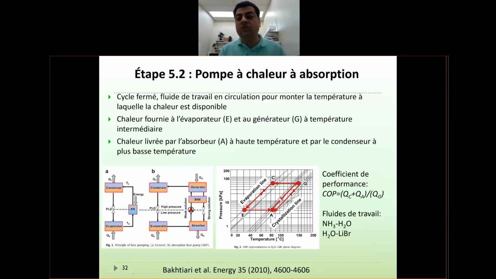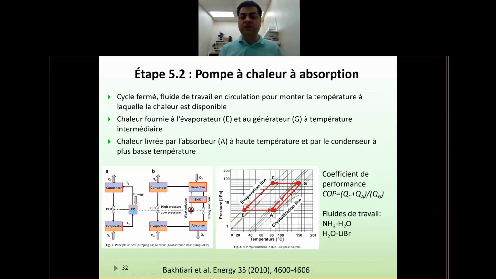But what is an absorption heat pump? It's the same concept, but the absorption heat pump is based on absorption of the working fluid and then its desorption, and you are going to understand very soon what it means. Imagine that we have a working fluid, for example, ammonia mixed with water or water mixed with lithium bromide.